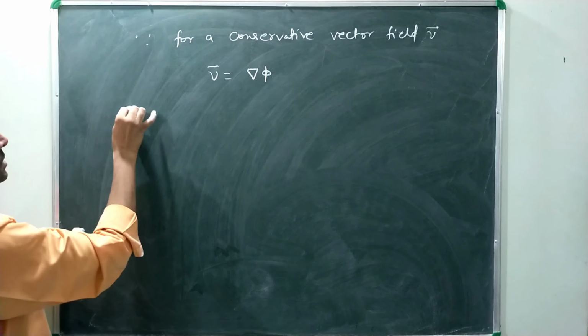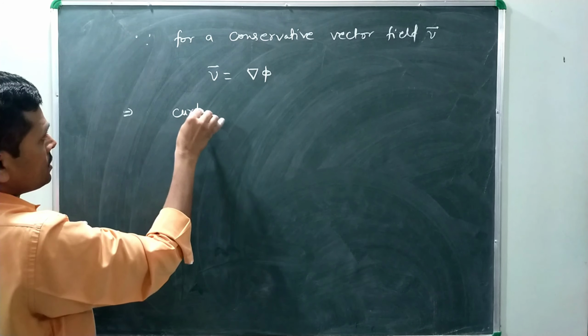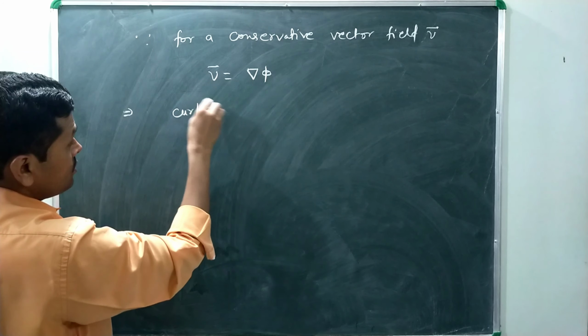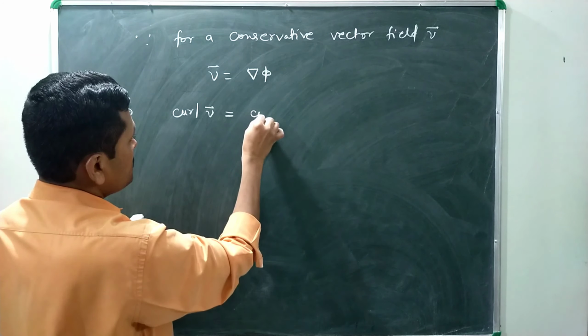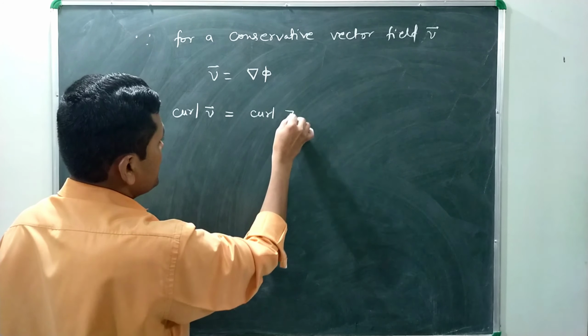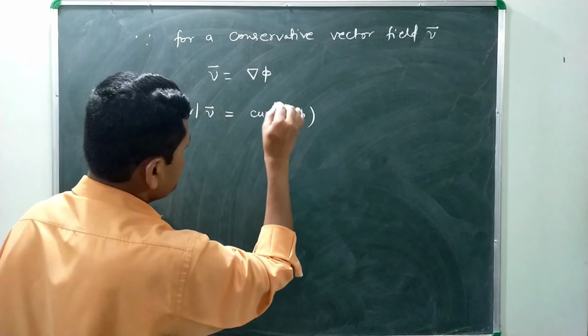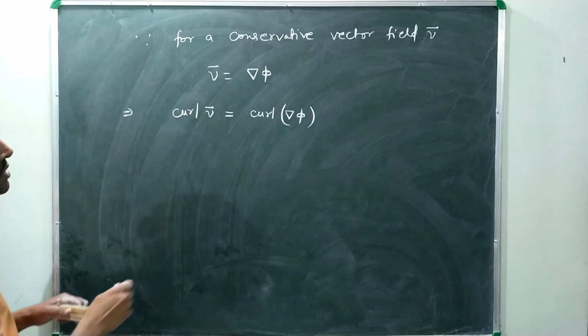This means if we take the curl of this vector V, we will get curl of nabla phi, means curl grad phi.